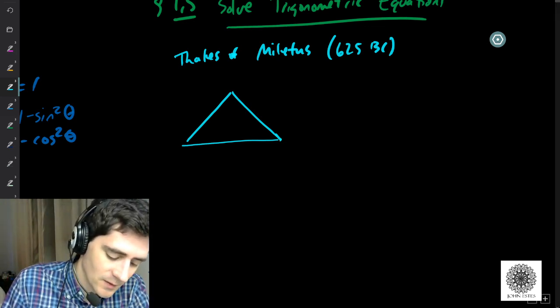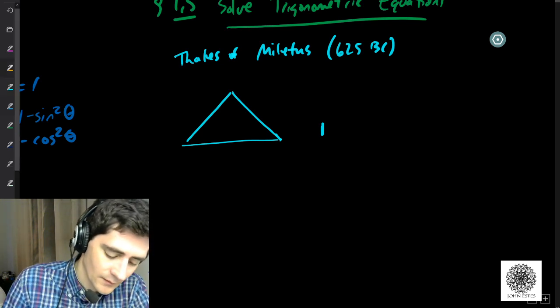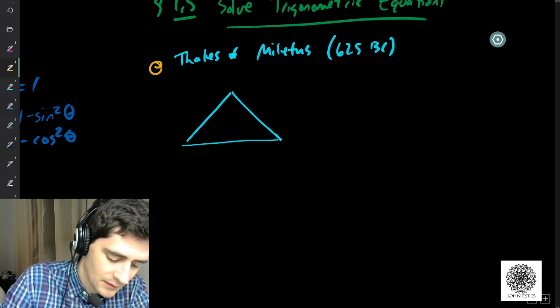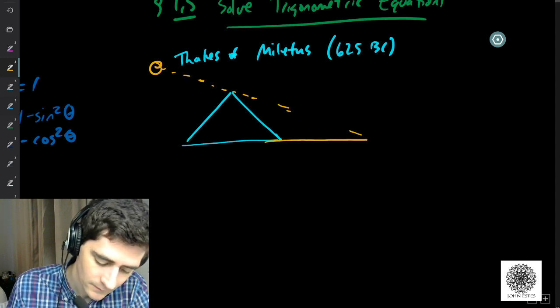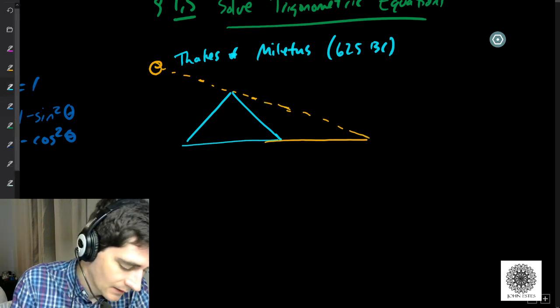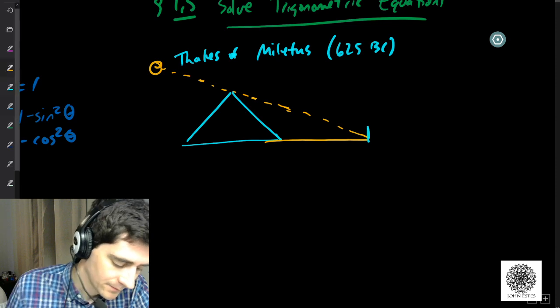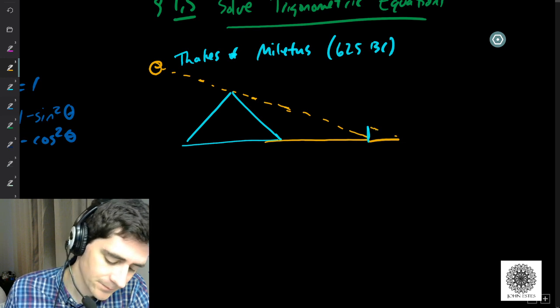At a known distance from the pyramid, he stood there with his staff. The sun's shining over here, leaving a shadow on the ground. At the tip of the shadow, he put his staff, and it has a shadow of its own.